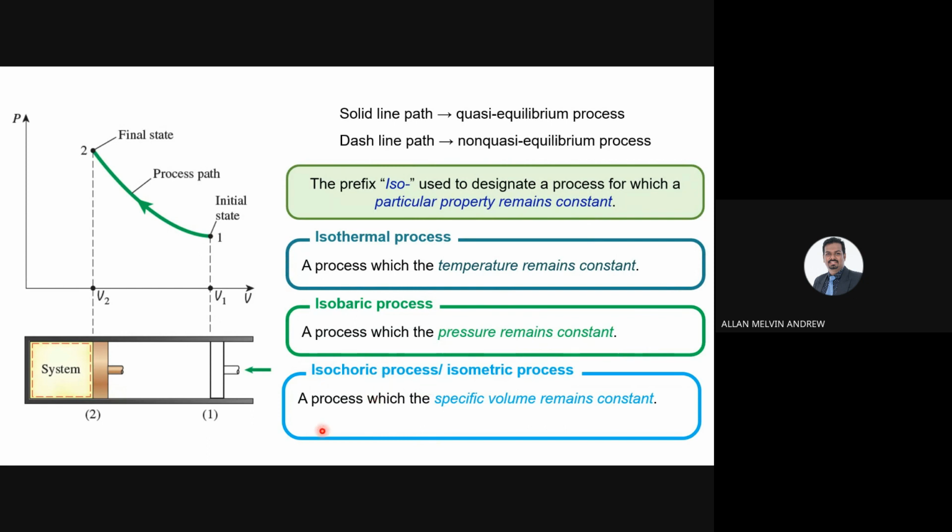So it is a process in which the specific volume remains constant. Specific volume is volume divided by mass, so it's still related to volume.